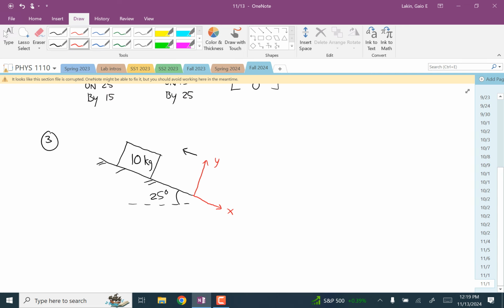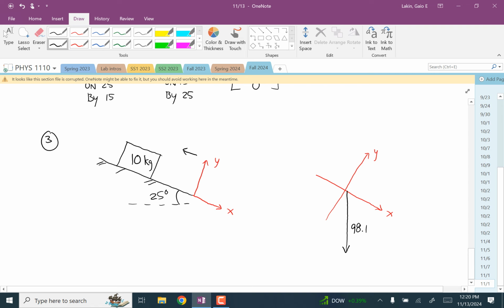And the one force vector that's going to be complicated is the weight force now, because that's not at the same angle as any one of these coordinate axes. So I'm going to start by calculating this weight force. Okay, so this weight force has a magnitude of 98.1.